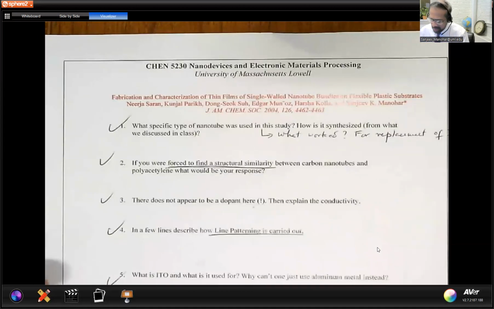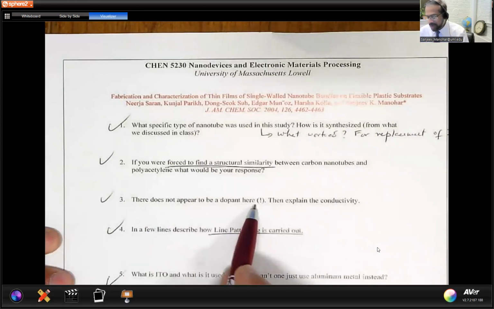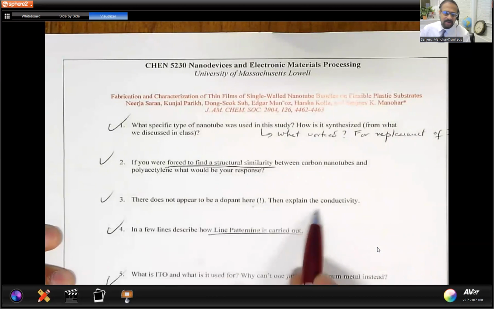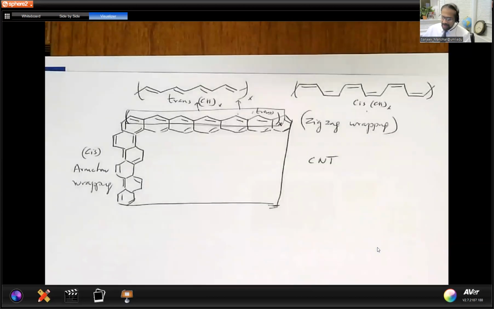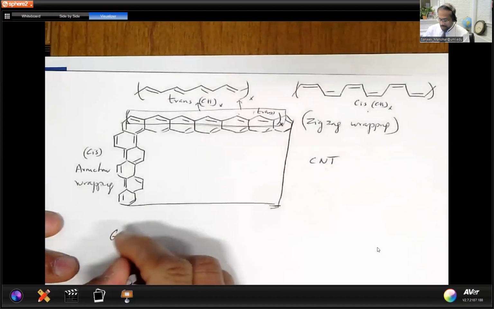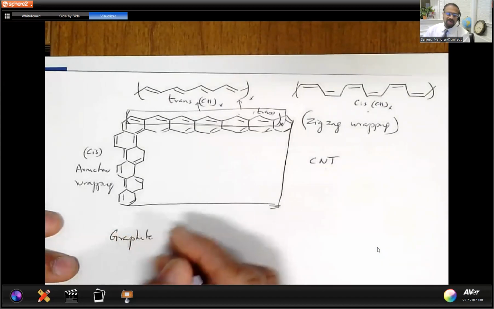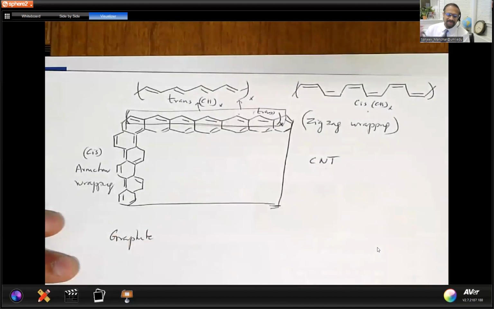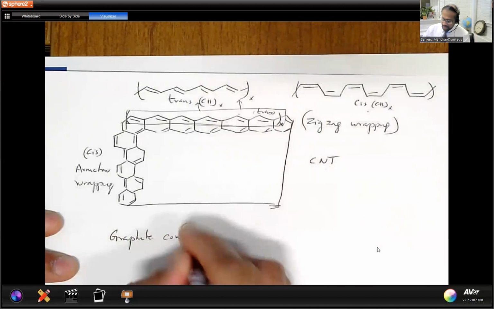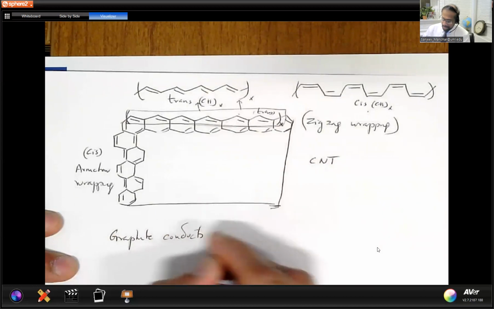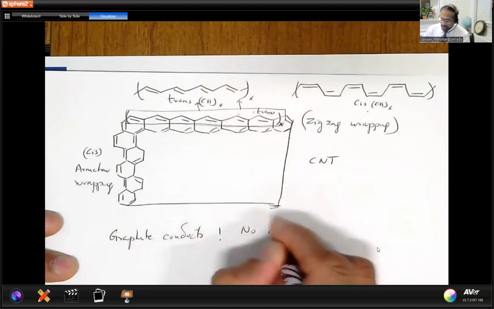What's 3? There does not appear to be a dopant here. Explain the conductivity. It's an easy and a tough question, right? Graphite conducts, right? Charcoal conducts electricity. No doping. No dopant.